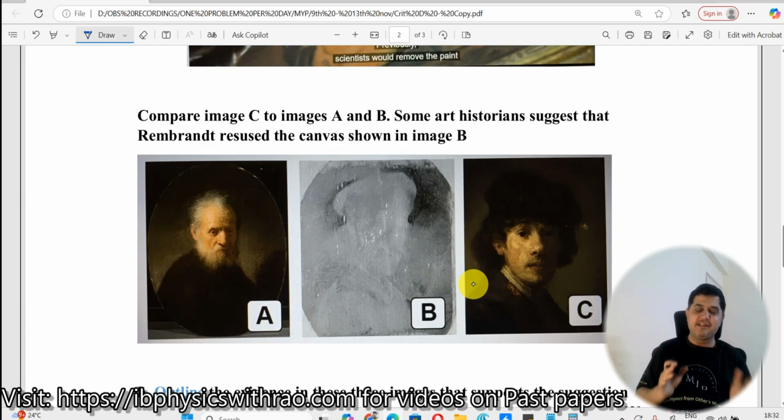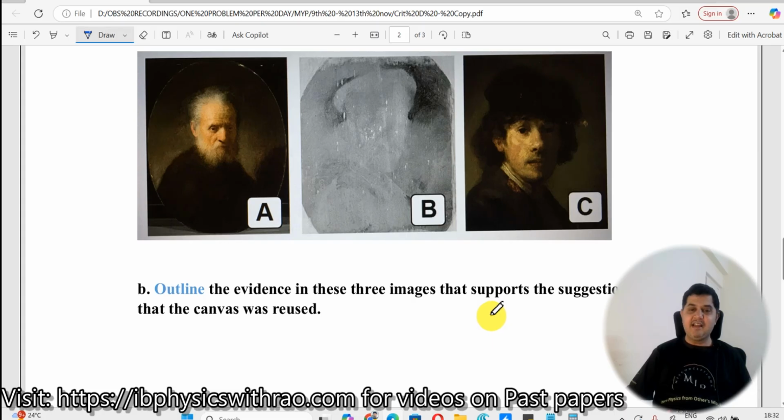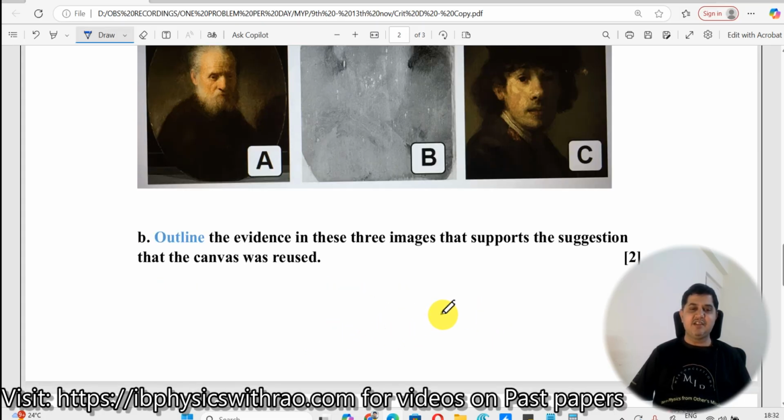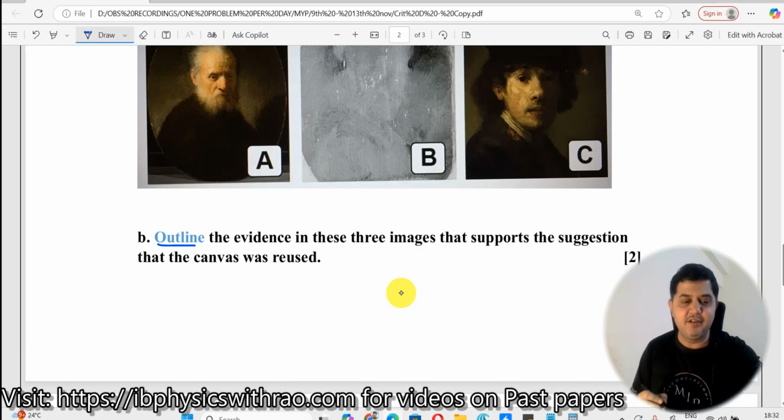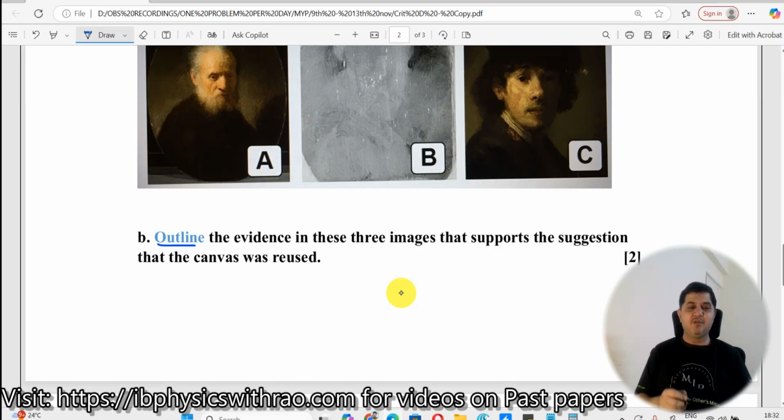Okay, so physics is seen to be applied at various places. We never even thought of where it can be. Now, outline the evidence from these three images that supports the suggestion that the canvas was reused. What is the evidence that you can find from here which states that the canvas was reused?